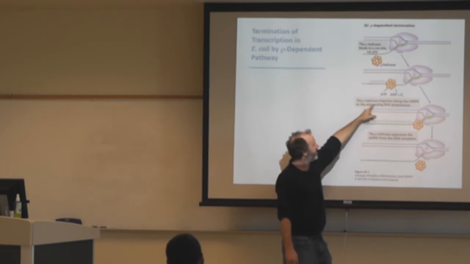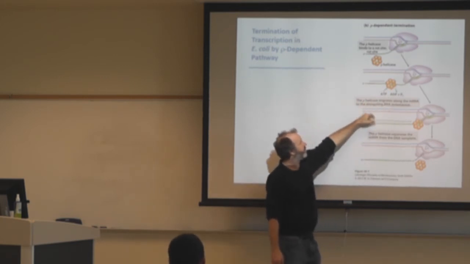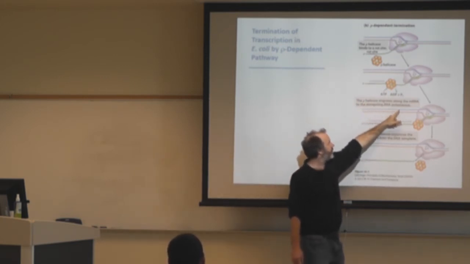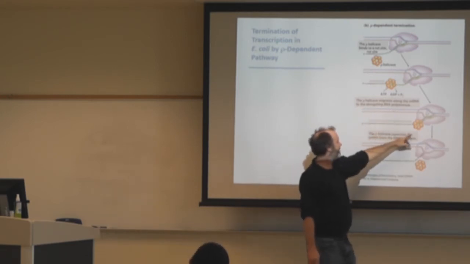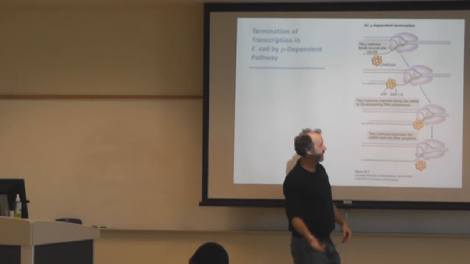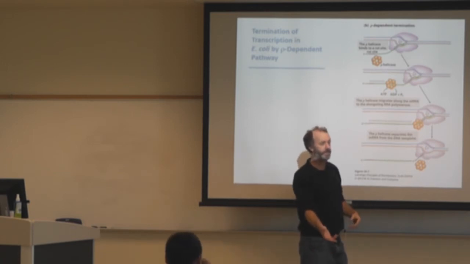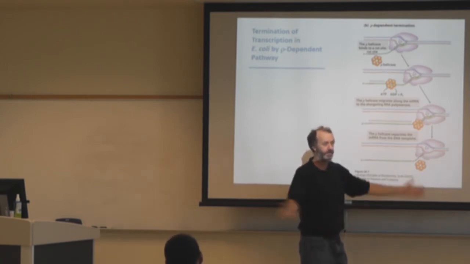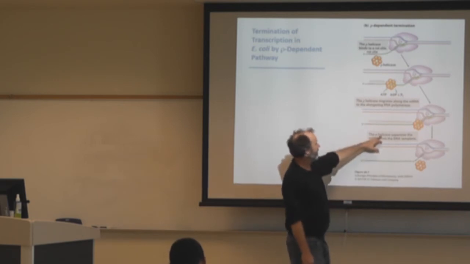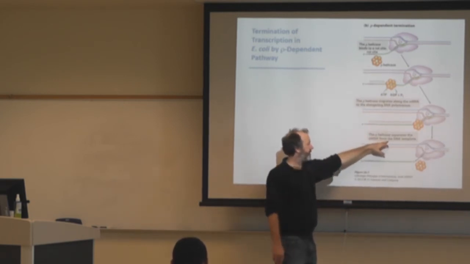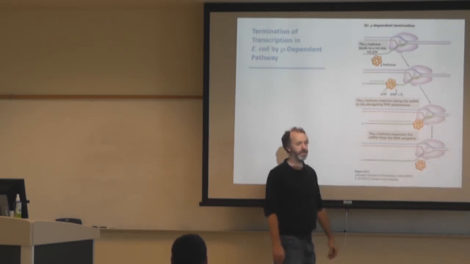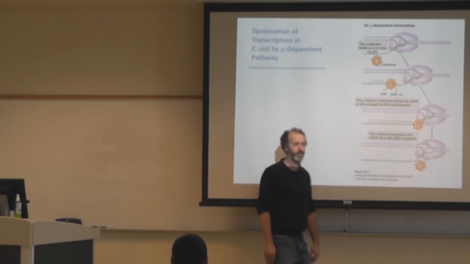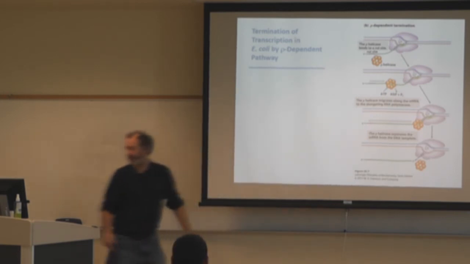The Rho helicase migrates along the mRNA to the elongating RNA polymerase. The Rho helicase then separates the mRNA from the DNA template, and it's an ATP-dependent process. That's what terminates the transcription there, so RNA polymerase will then eventually come off.